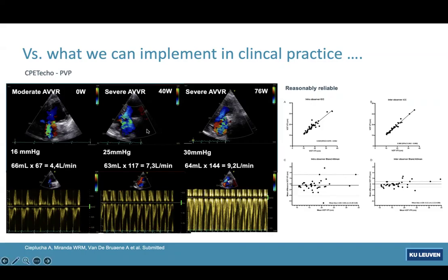This is not the same patient, but these are stills of another patient where you could see that the moderate AV valve regurgitation at rest actually increased to severe AV valve regurgitation at just 76 watts. We could measure pressures in the peripheral veins, which should be the same as in the Fontan, and you can also measure increases in cardiac output and stroke volume. It's reasonably reliable because we did inter- and intra-observer measurements.